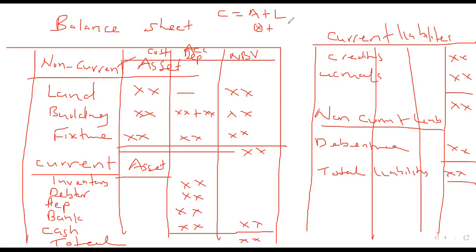So we can put your total liabilities here. Maybe this is your B and this is your A. When you add them, they should be equal to our capital, financed by capital. You can have it here.